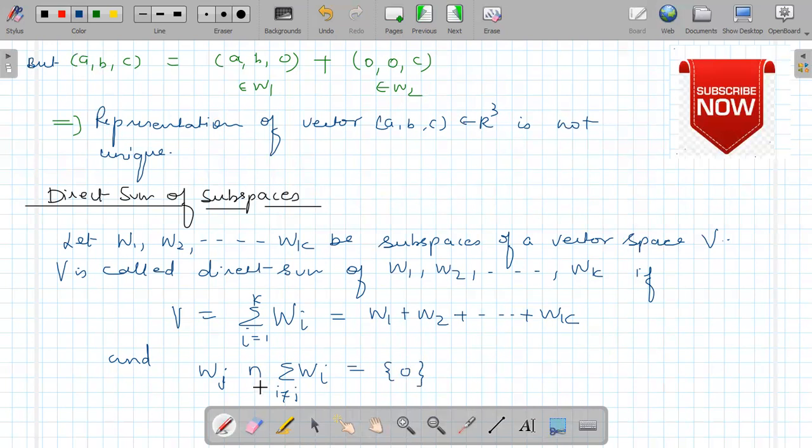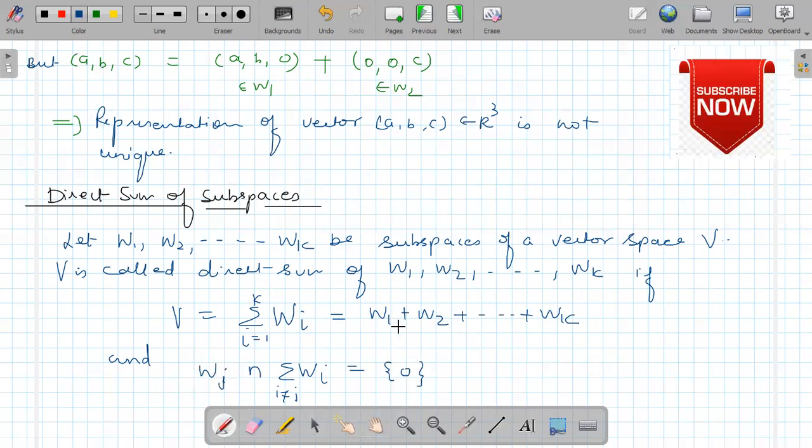Okay, it means there's not any vector common between these two subspaces. One is the subspace which is the sum of the elements of the subspaces, and this is a particular subspace.